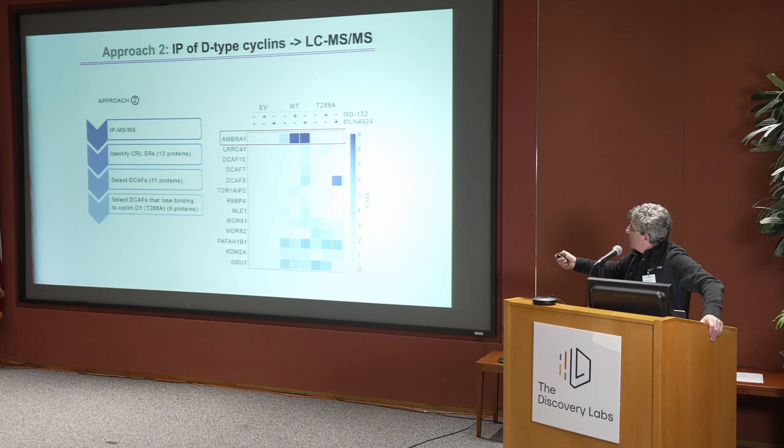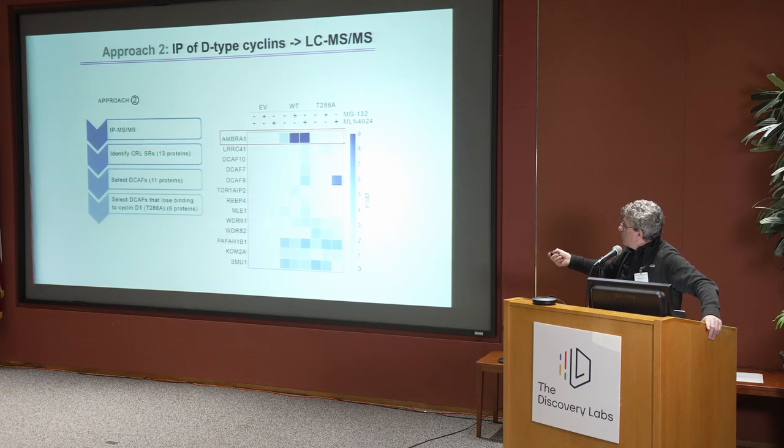Then we purified cyclin D1, either wild type or the mutant that is not supposed to bind the ubiquitin ligase, and we did it in presence of MG132 or MLN4924, which we know, by blocking the ubiquitination or degradation, stabilize the complex between the ubiquitin ligase and the substrate.